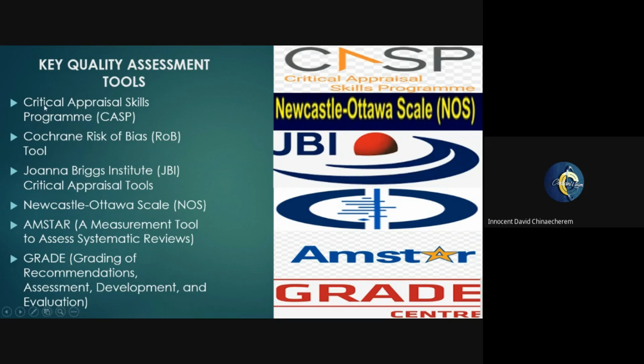First of all, we'll look at the Critical Appraisal Skills Programme checklist. We'll look at the Cochrane bias tool, Joanna Briggs Institute, Newcastle-Ottawa scale, the AMSTAR checklist, and GRADE, which is Grading of Recommendations Assessment, Development, and Evaluation. All these are what we are going to be putting into consideration in our conversation today.